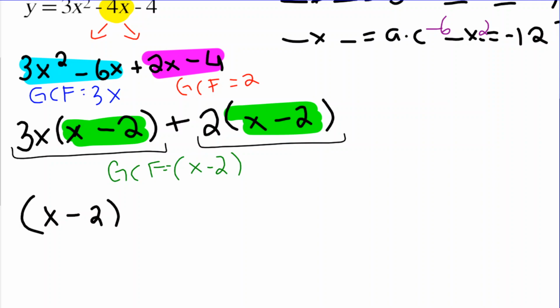Well, when I pull that x minus 2 out of the first term, all I'm left with is a 3x, right? Because that was the only thing being multiplied by x minus 2. And when I pull that x minus 2 out of my second term, all that's left is a positive 2. And so this is our factored form of this trinomial. Let's look at another example.